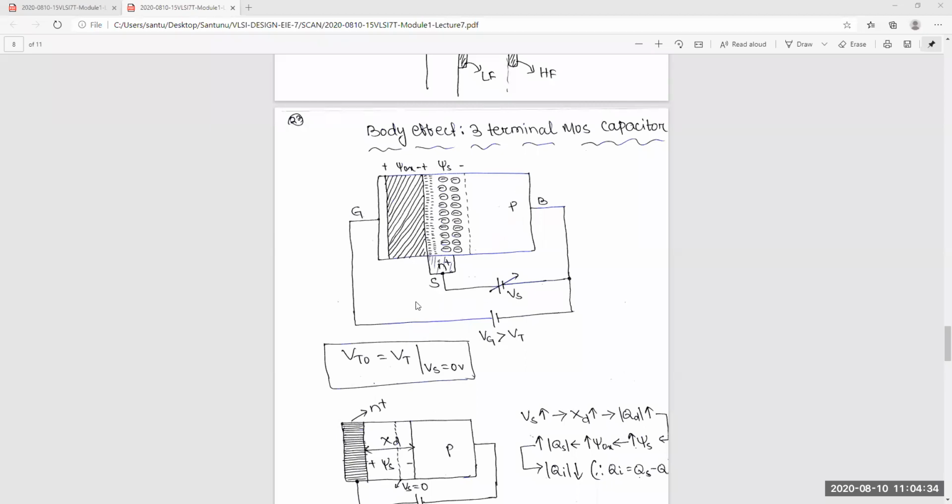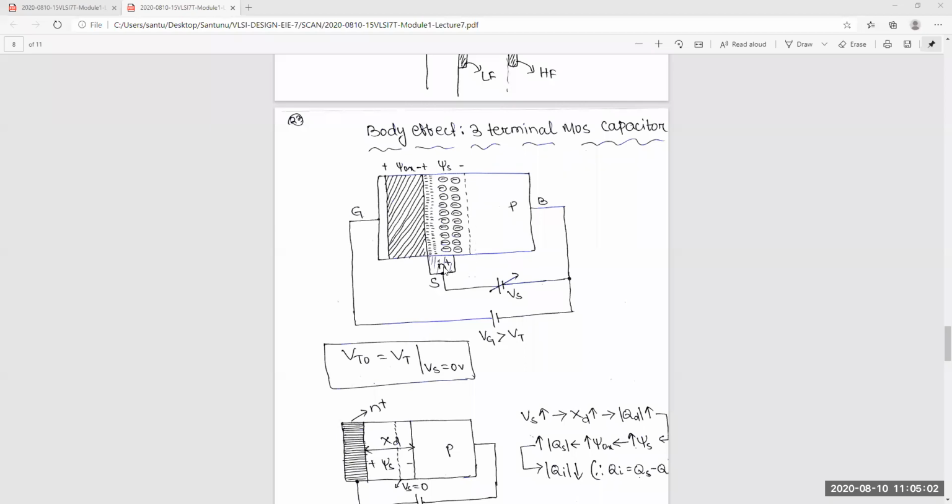Here I have added an n plus contact, or n plus region. This is nothing but the source, a heavily doped n-type semiconductor. When you give a high frequency signal at the gate, the electrons will not come from the boundary of the depletion region.